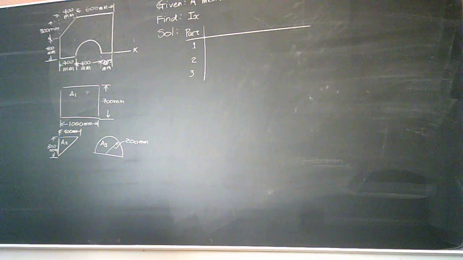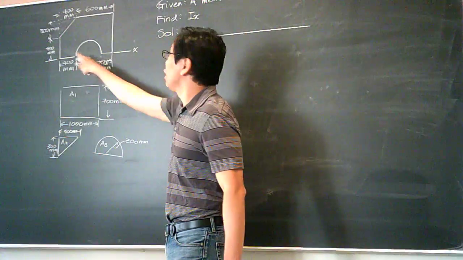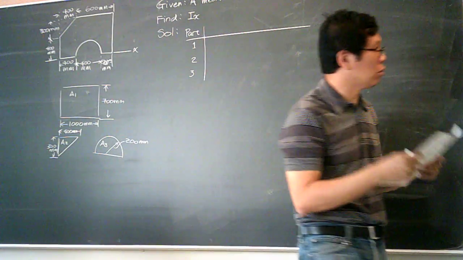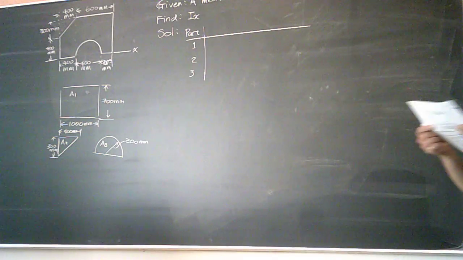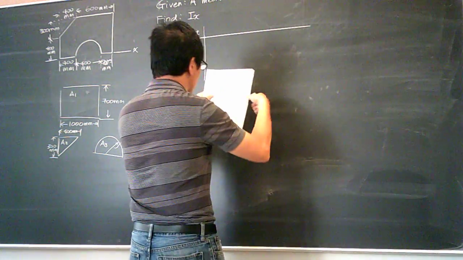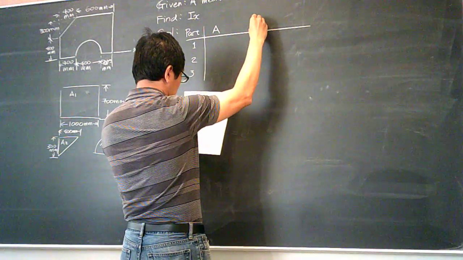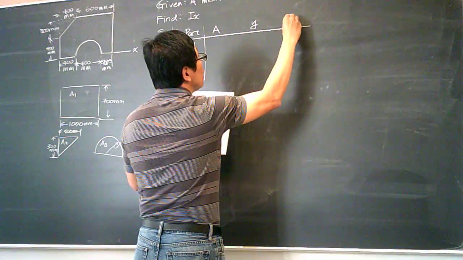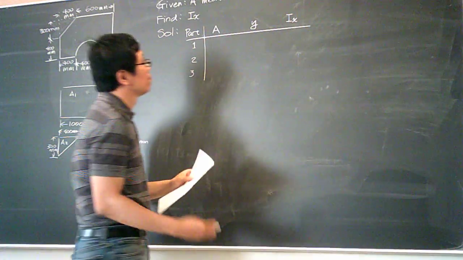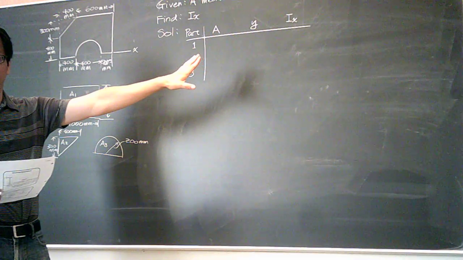I need to know the distance between the centroid and the x-axis. I also need to know the area. So we need to have 3 pieces of information: A, Y, Ix. Does that make sense to everybody?